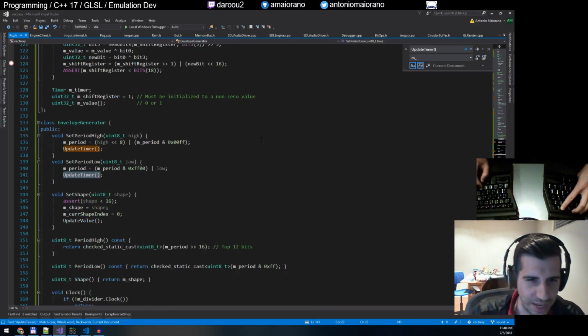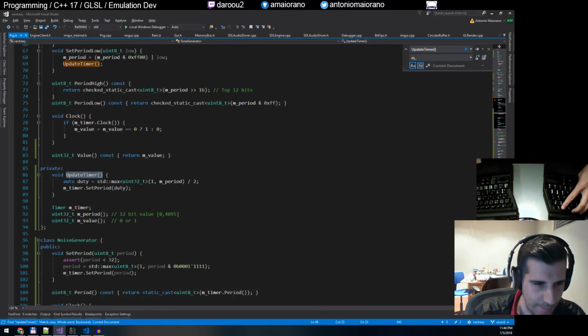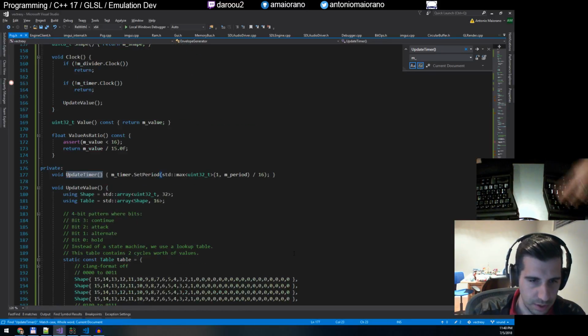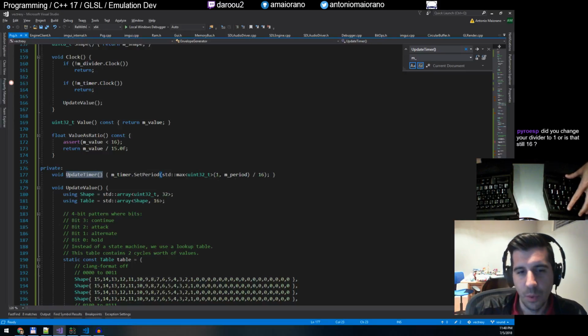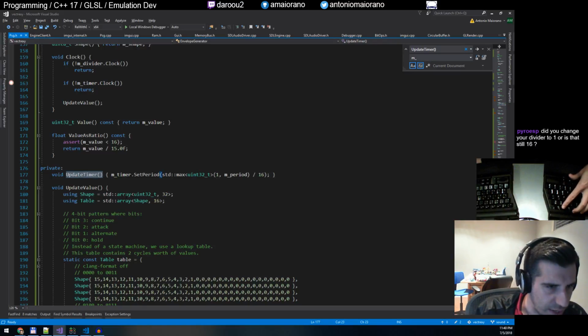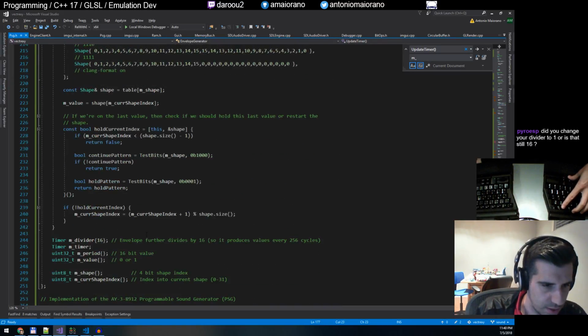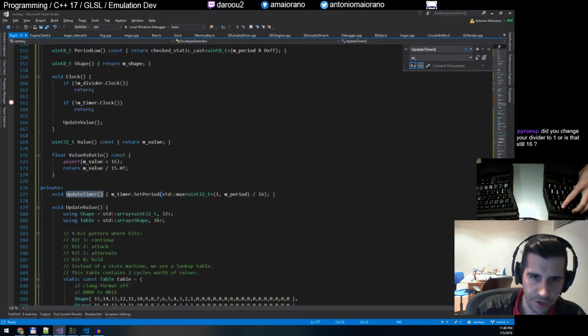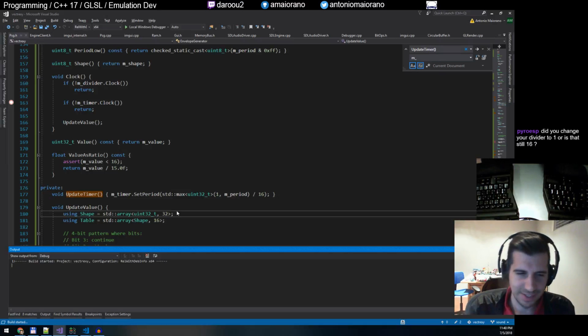I just want to go look at how I computed the duty one. You can see here duty is basically the maximum of 1 and the period, and then the result divided by 2. And I was doing 1 and the period divided by 2. Oh yeah, good question. It's still 16. Yeah, I reverted that change. Okay, let's just see if this works.